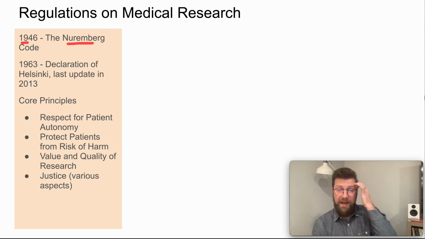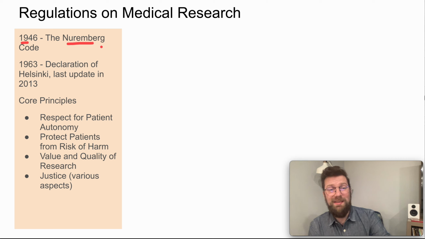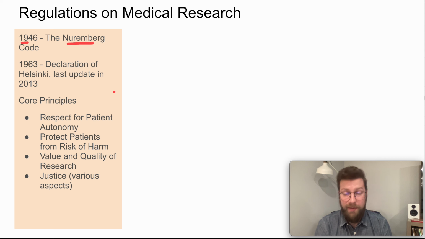So we can think about how, in many cases, the sorts of research being done by Nazis, clearly it was harming patients and against their autonomy, a violation of their rights and exploitative, so we can see it as an injustice. We might also notice that a lot of the research done by Nazi scientists, even though it did develop some practices that are still in use today, much of the research was shoddy.